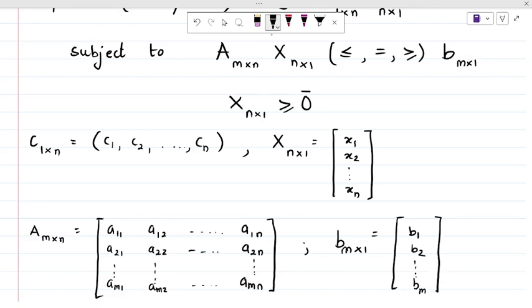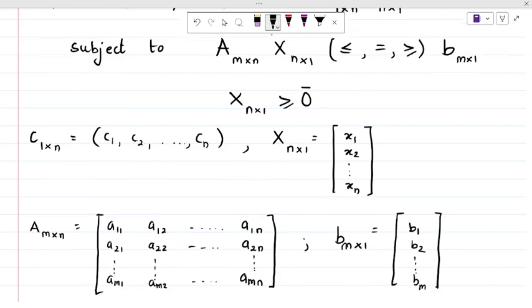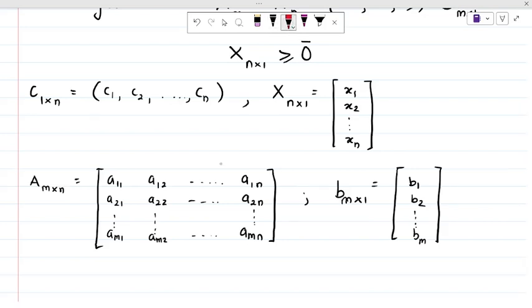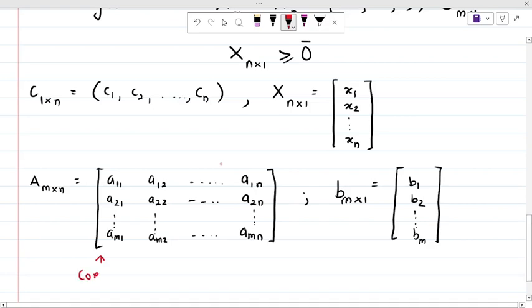Now all these matrices that you see, they have some names. The first name I'll give you here is this: A is called the coefficient matrix.